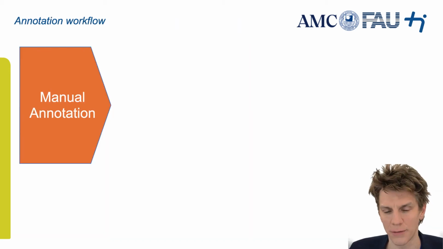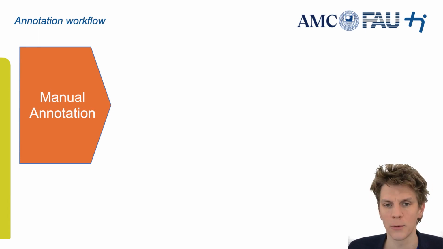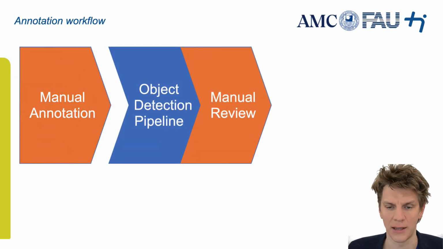To circumvent all of these problems, we used the following workflow. First of all, we had a manual annotation where a pathology expert would screen the entire slide twice, followed by a blind evaluation by a second expert, and a third expert in the case of disagreement. Second, we trained the network in a cross-validation manner in order to look for cells that were not yet detected by the first expert.